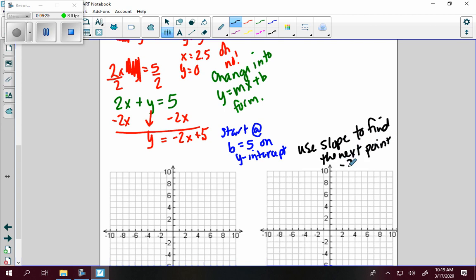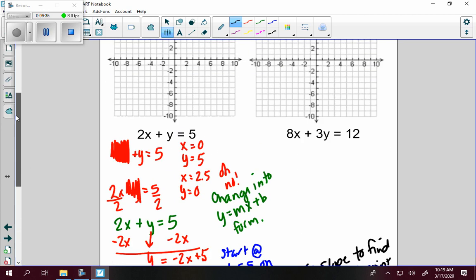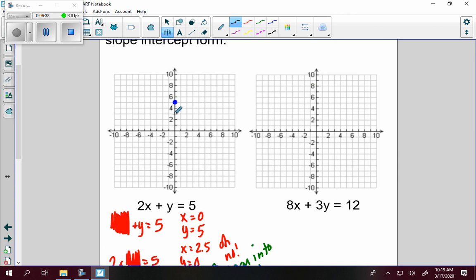My slope is -2, so I'm going to go down 2 over 1 from my y-intercept. So here I'm going to go down 2 over 1 from my y-intercept.